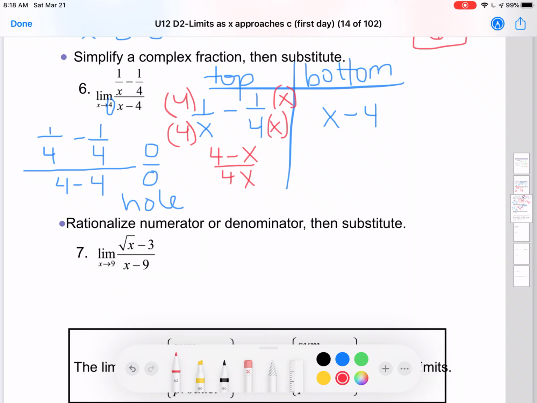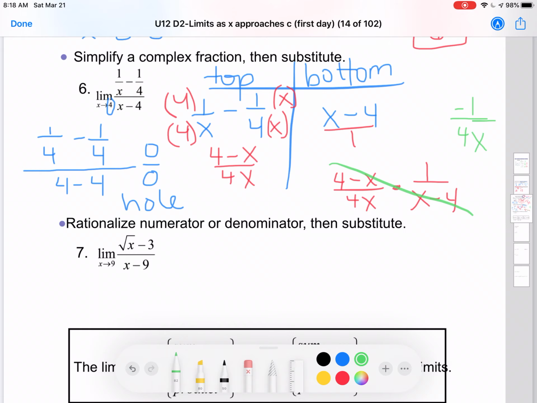Okay, so now, remember top bottom, we're going to keep the top and multiply by the reciprocal of the bottom. Remember this, make it look pretty. So this becomes 1 over x minus 4. Now on day 1 in the review in this unit, remember I reviewed right here that that's the -1 rule. So I'm left with -1 over 4x.